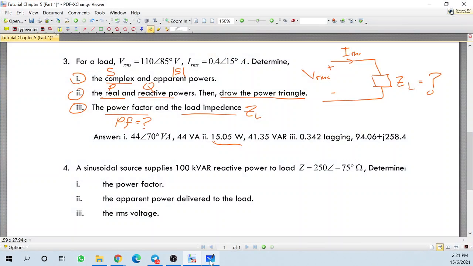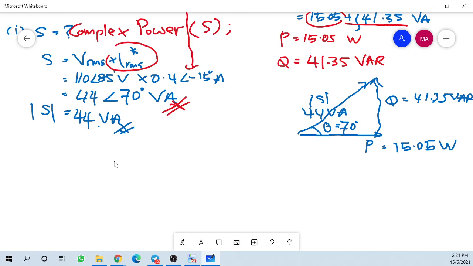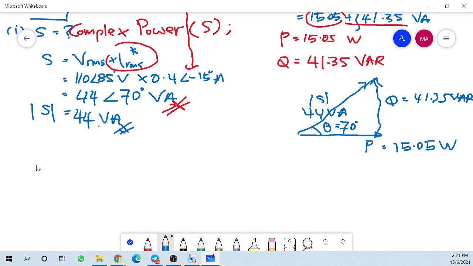The question is power factor. What is power factor? Power factor equal to cos theta, or cos the angle between V and I. In this case, the difference angle between V and I is basically equal to 70.